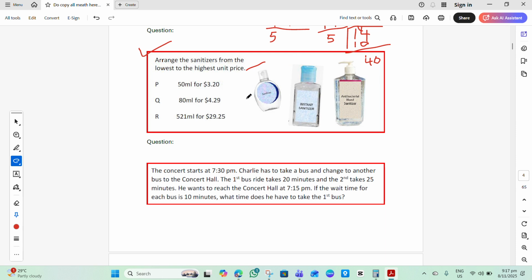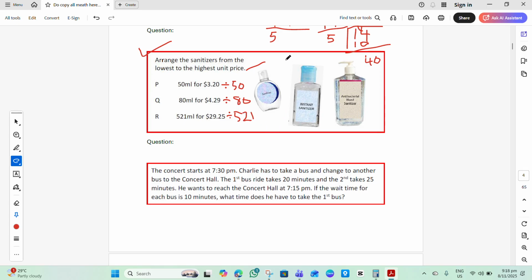Let's say 3.2 divided by 50, because it is 50 ml. So we need to understand how much for 1 ml. So yes, this one is the 80. Okay, other learners got the point? We should divide it this way.